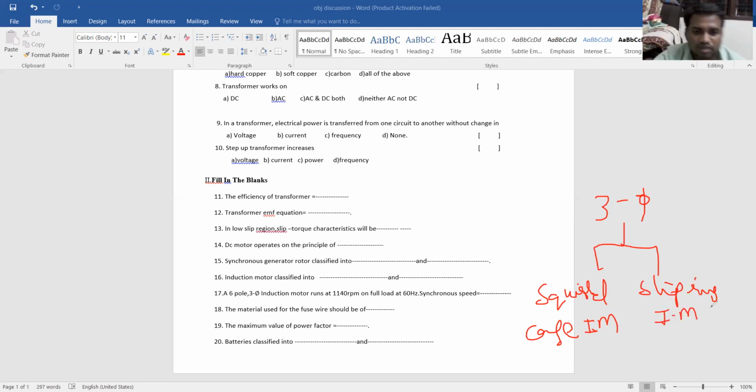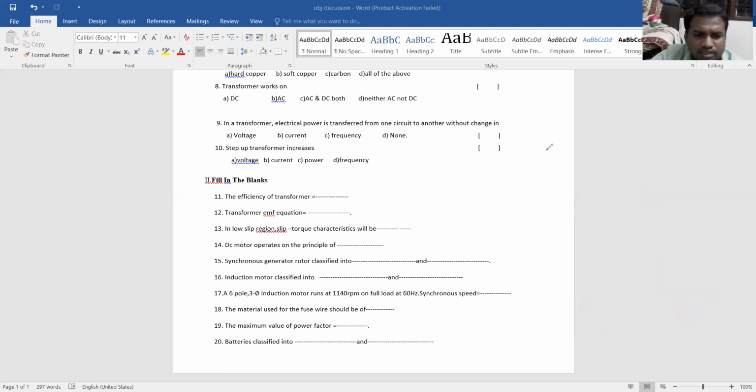Okay. Now coming to the 17th question. In the 17th question, it is a 6-pole 3-phase induction motor running at 1140 rpm on full load at 60 Hz. What is the synchronous speed? Synchronous speed is nothing but the stator speed. So we know that the synchronous speed formula is Ns equal to 120 f by P. Is the data there?